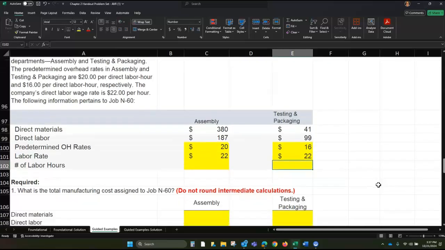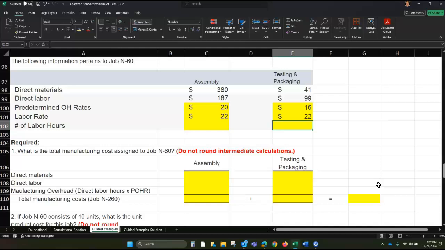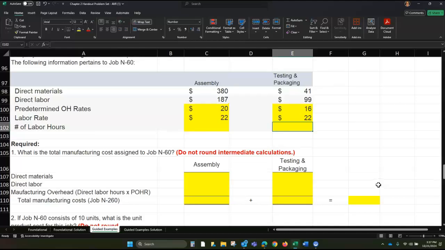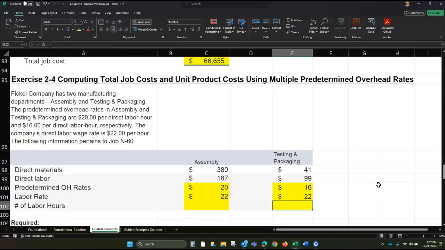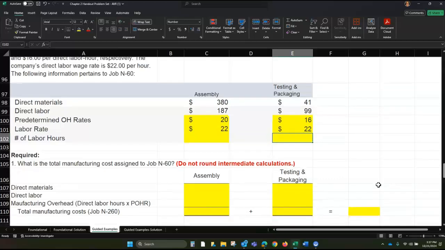All right. Now, item number 1. That's what we've got so far. Now, can we calculate anything else? Good.